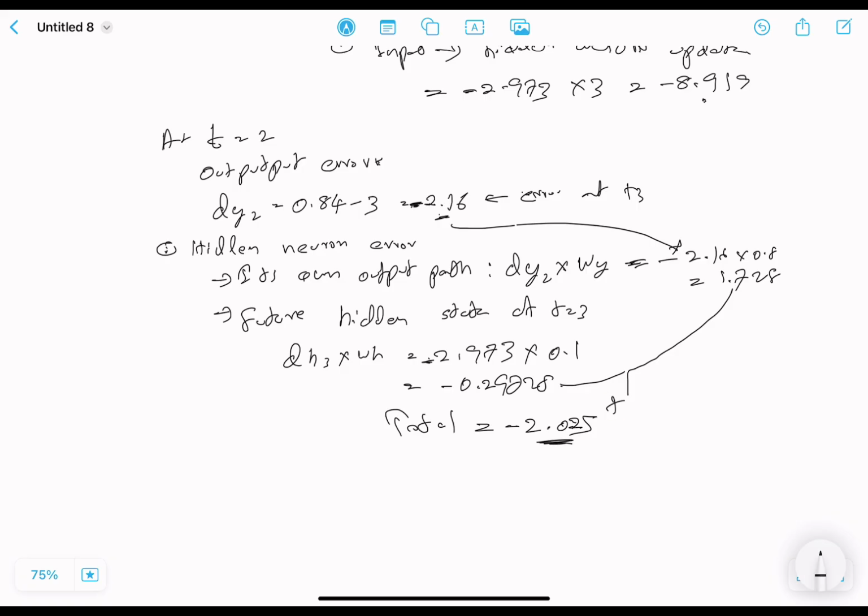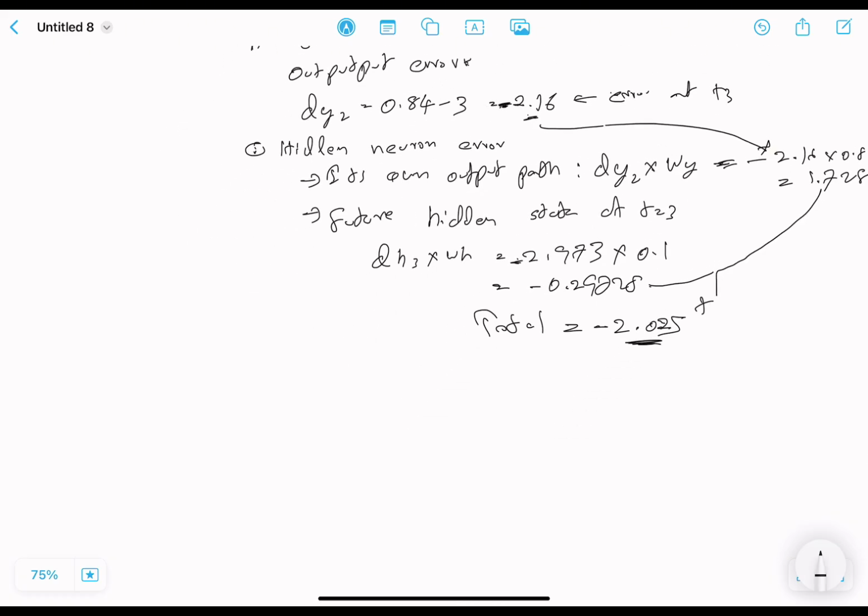It means the hidden neural net at time step 2 feels a total propagation error of minus 2.025. If we convert these into words, that's how we can express that, right?